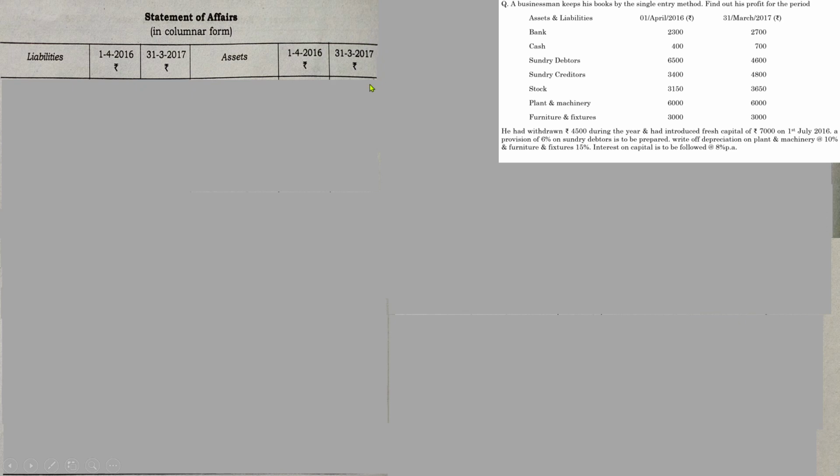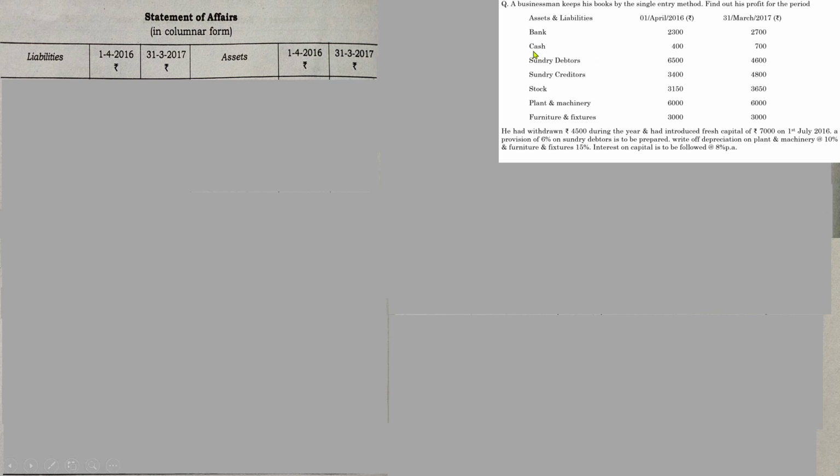In a single statement you can prepare both the opening statement of affairs and the closing statement of affairs. Otherwise it is known as the combined statement of affairs. You can prepare like this also, instead of preparing two individual statements of affairs. Just be very cautious while identifying the opening capital and closing capital balances.